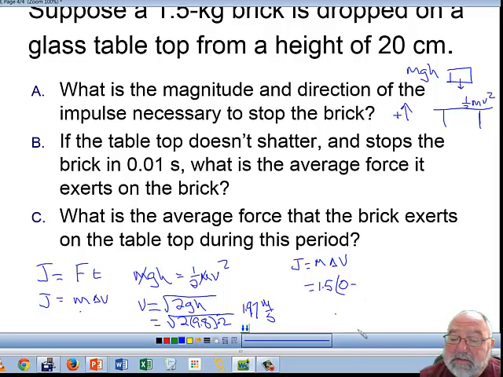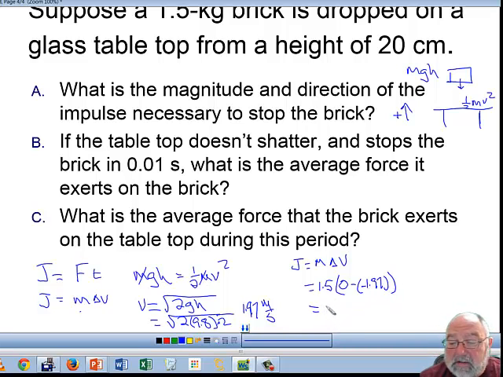What's the initial velocity of the brick? Well, before it hit the table, it was going 1.97 meters per second, and it was going down. So the conventional direction up is positive, so down is negative. So negative 1.97. Okay, so that gives us 1.5 times 0 minus a negative 1.97.